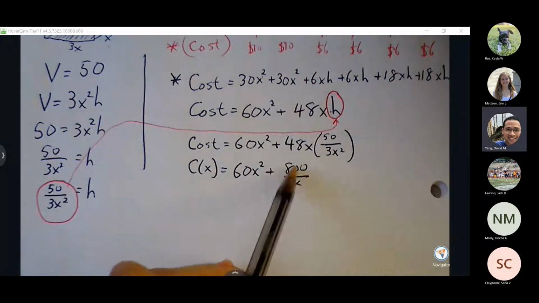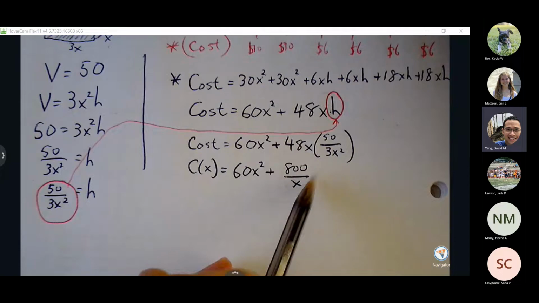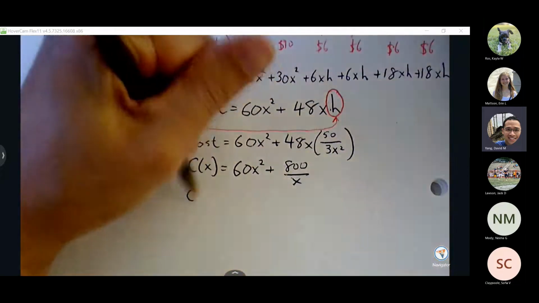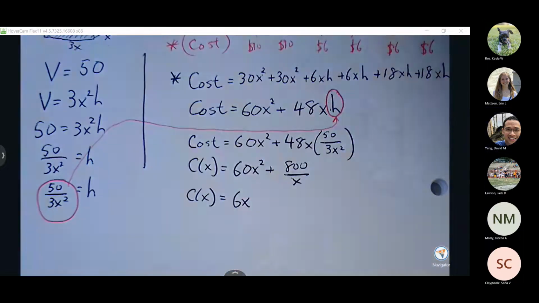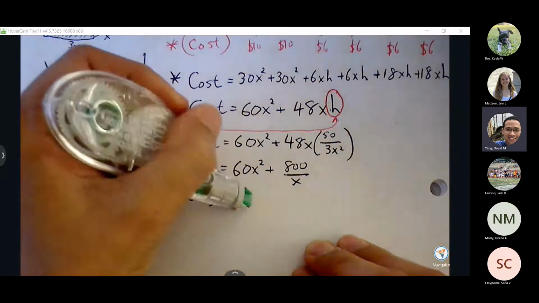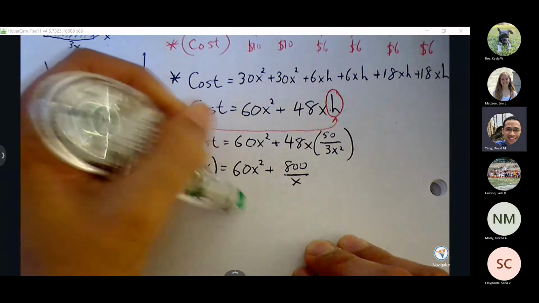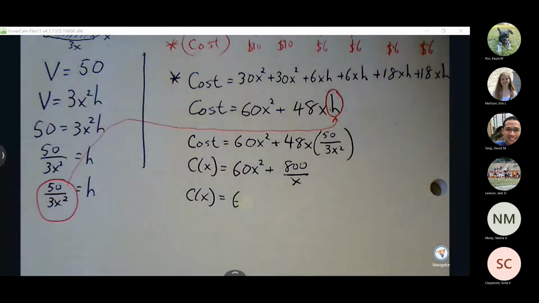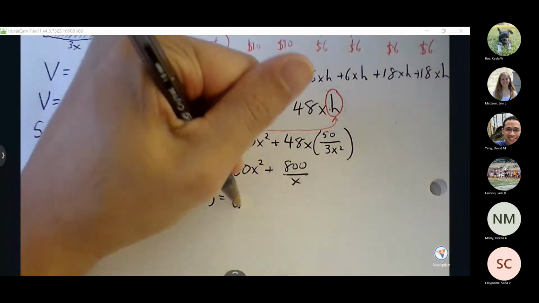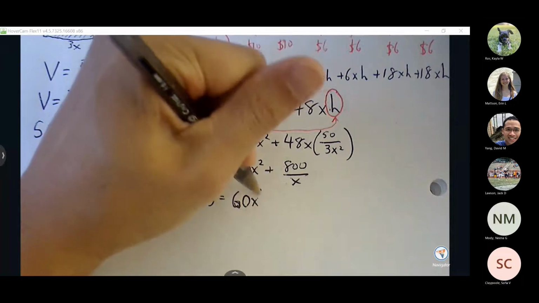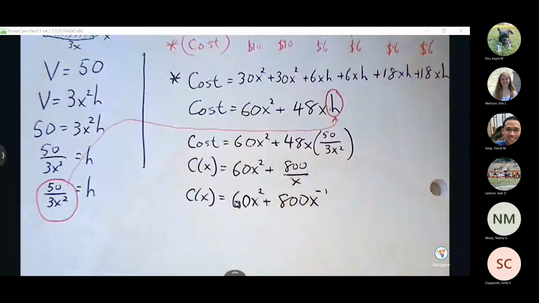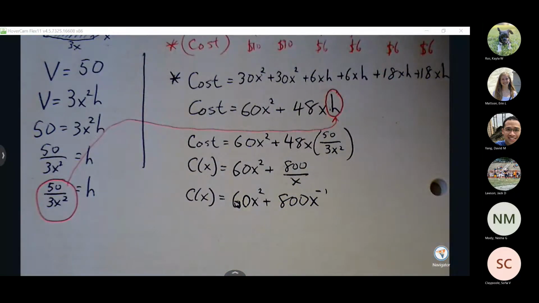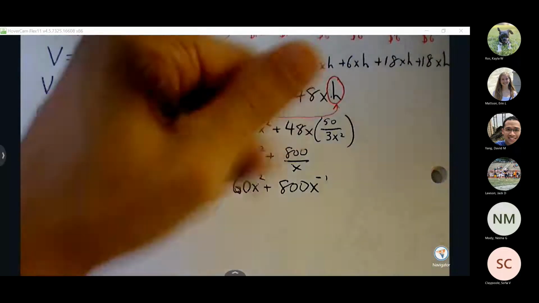Now, if this ends up being a fraction, then you can just pull that fraction out and pull the x up to the top, right? So if it's a fraction, just treat it like a number still in front of the variable and get it ready for the power rule. C prime.